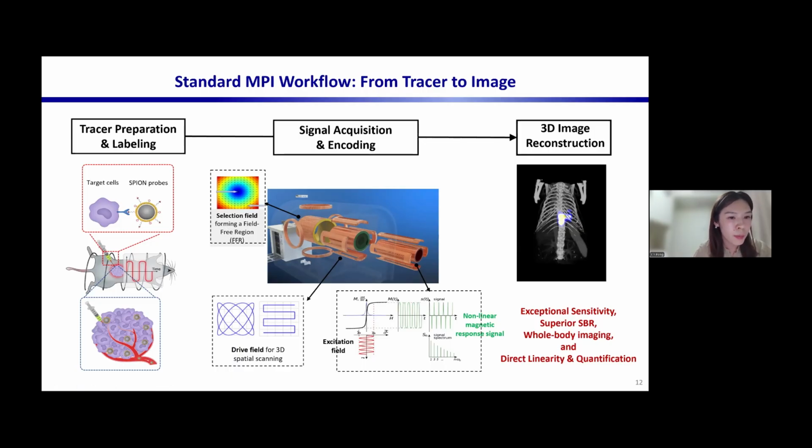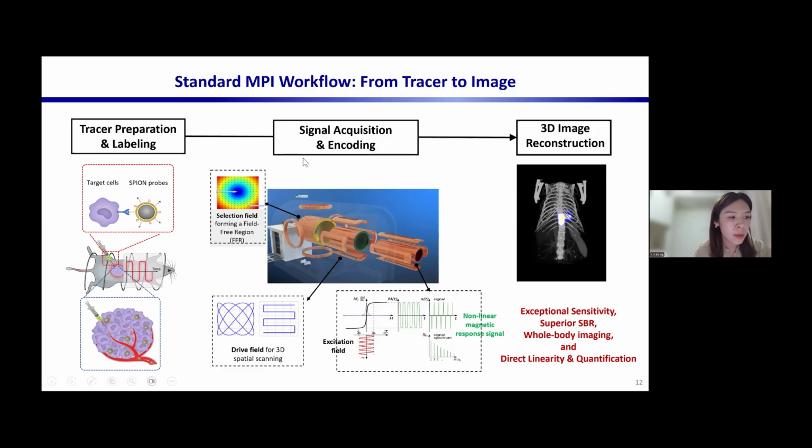Once we have those probes, we typically administer them via intravenous injection, but for some specific applications they can also be delivered through inhalation or local injection. Once the SPIONs or probes enter the body, they circulate in the bloodstream or bind to target cells or tissues.